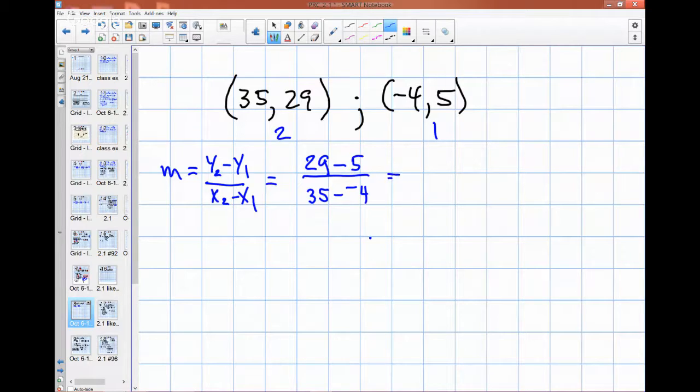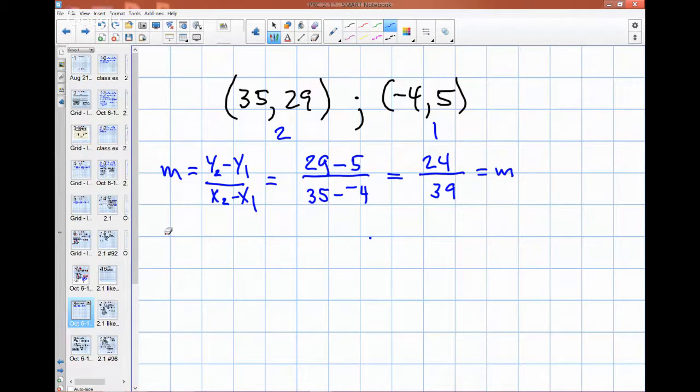Be careful of that sign. The students sometimes get a little sloppy with that. 29 minus 5 is 24. And 35 minus a negative 4 is 39. Maybe not real friendly, but there's my slope.